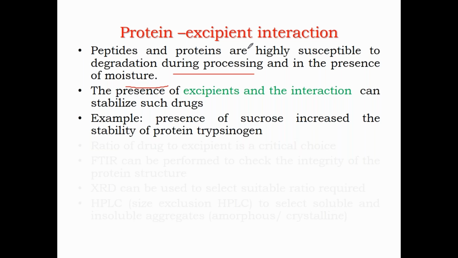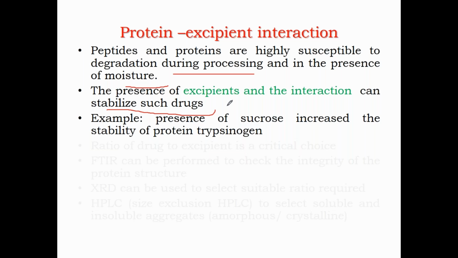That is one thing. But some of the excipients were also added and they could stabilize the protein molecules. This is a positive aspect I'm talking about. There are excipients which can cause stability issues of the protein, but there are excipients also which could be added deliberately in order to stabilize the same drug. And sucrose was one of the examples.